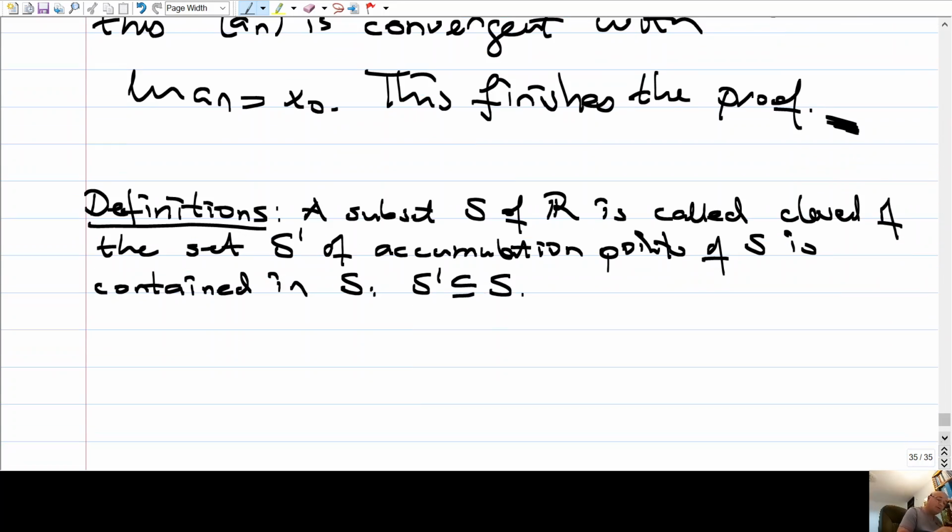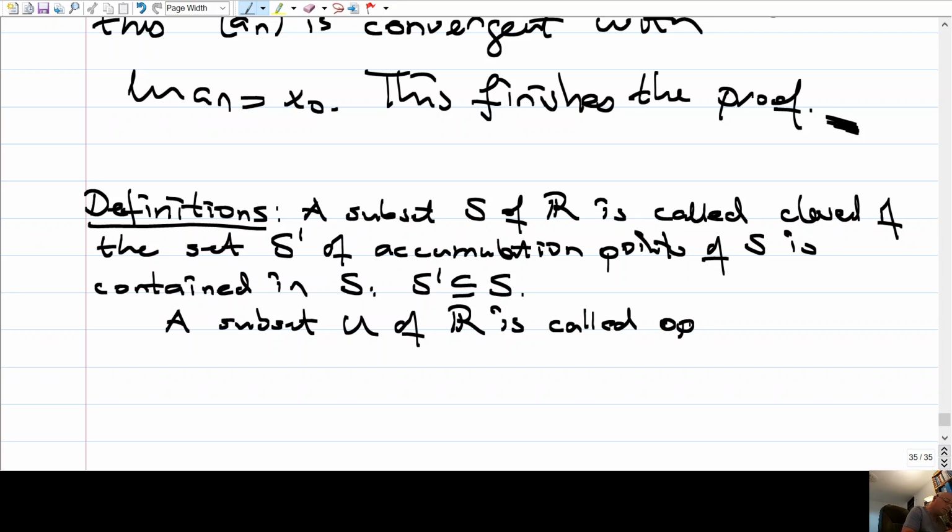And a subset U of R is called open if R minus U is closed. So we have here two definitions.